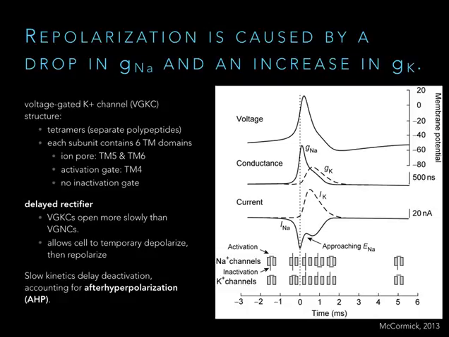And that's what creates that brief afterhyperpolarization. Once we drop below threshold, the ion pores are going to close. This is going to both deactivate and de-inactivate voltage-gated sodium channels, and it will just simply deactivate our voltage-gated potassium channels. Our conductance returns back to resting conditions, and thus our membrane potential returns back to rest.